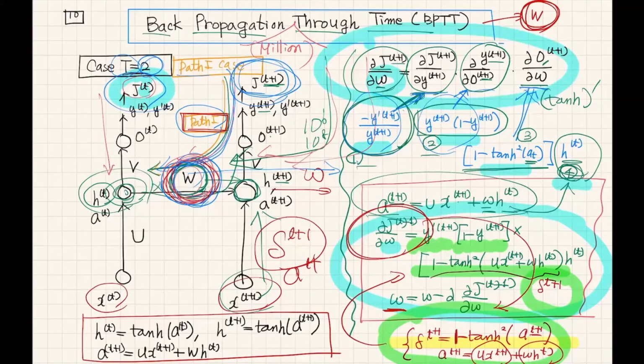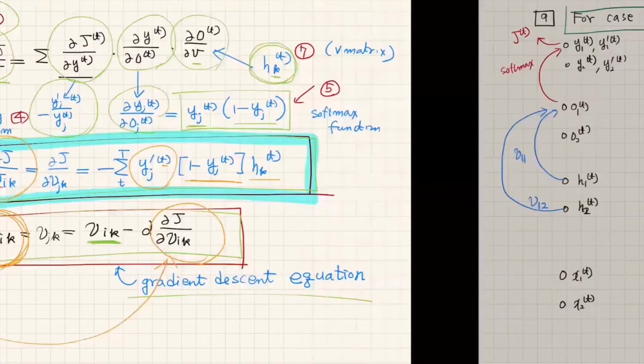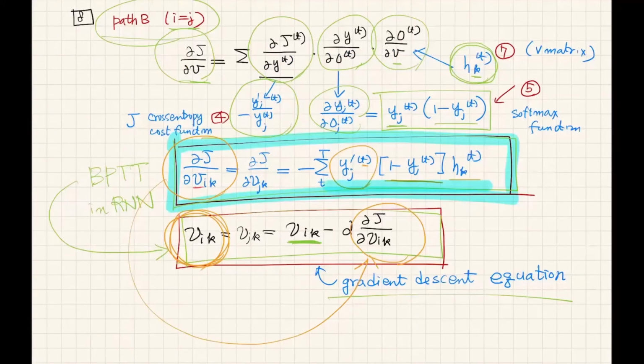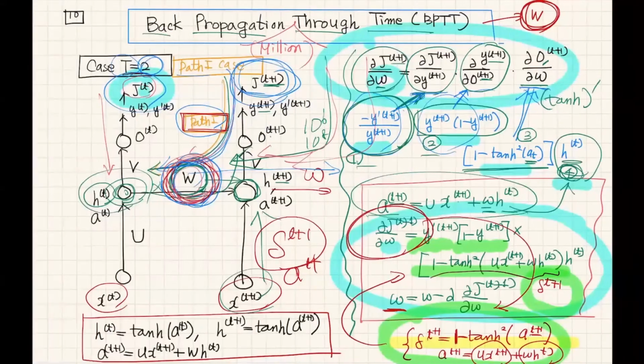It takes some more time. Compared to the previous equation, it is a little bit simple, but here we have the delta function, 1 minus tangent hyperbolic function, and that is a little bit more complicated.